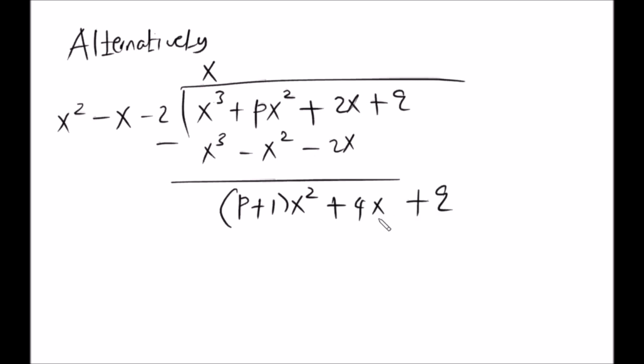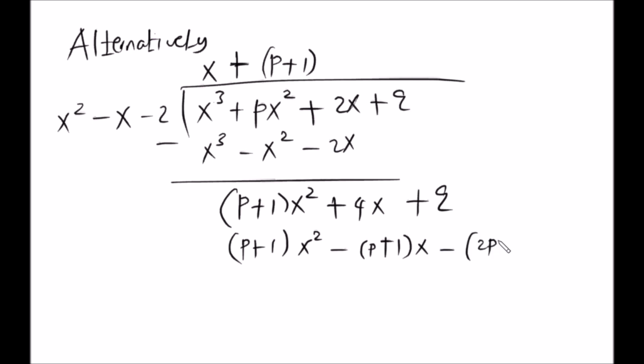So tumshushe q. So hapa now nitazidisha kwa p plus 1 ili nipate p plus 1 x squared. So p plus 1 times x squared ni p plus 1 x squared. P plus 1 times huyo ni negative sasa p plus 1 x. And then p plus 1 times 2 ni negative 2p plus 2. So I'm gonna minus. So negative na negative ni positive.